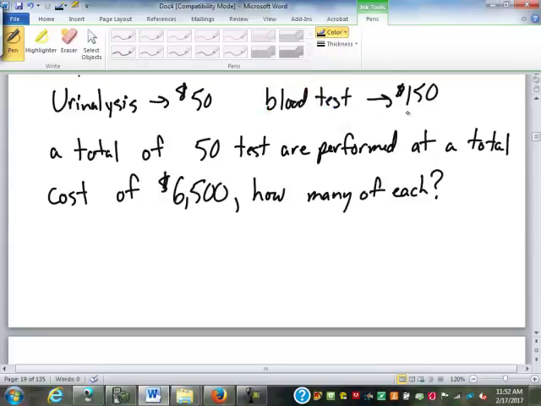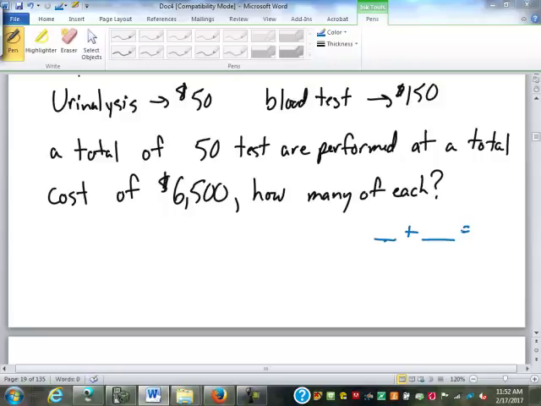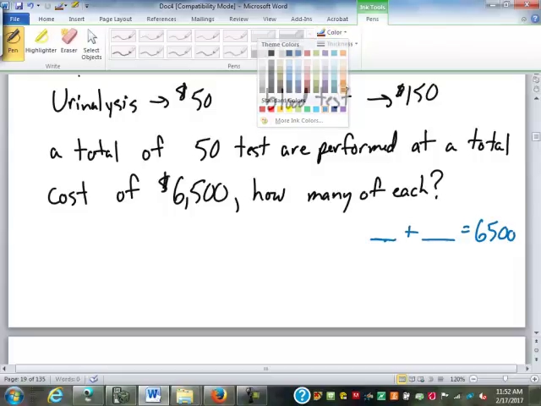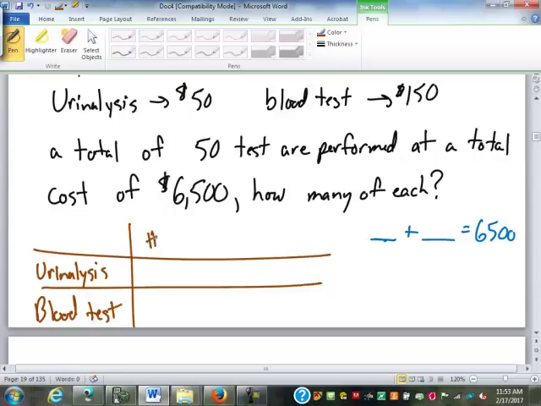So again, we have two amounts that are going to add up to give us our total. It's the cost of the urinalysis plus the cost of the blood test is going to add up to our $6,500 again. The way we express those is going to be a little bit more complex this time. So the number of each that were done, we're not given that one is a multiple of the other this time. We just are given that there's 50 total tests done.